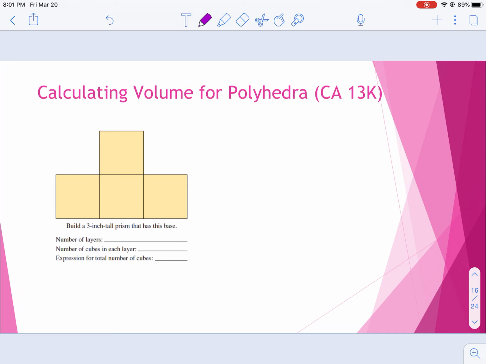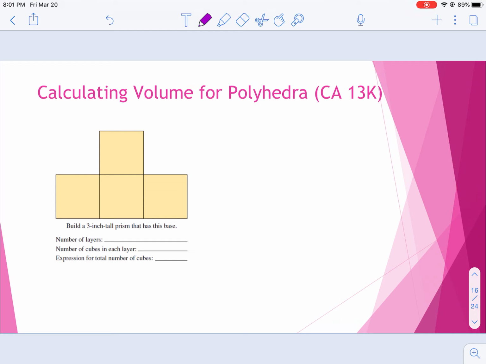If you haven't played with my friend Ted's app in GeoGebra from the previous video, I really encourage you to do that, and think about why the volume of a rectangular prism is length times width times height, and really think about the cubes and the number of cubes and the layers of cubes.